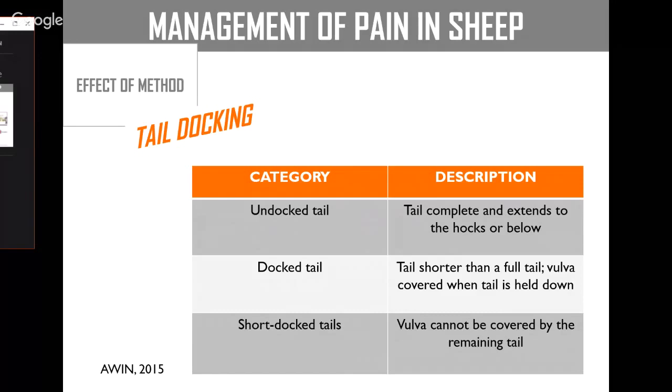And I think here there is quite a wide agreement that too short tails are not recommended, may be in itself a welfare problem, and therefore the vulva should be covered when the tail is held down. Otherwise, we talk about short docked tails, which are not recommended at all. And again, this piece of information comes from the AWIN protocols.